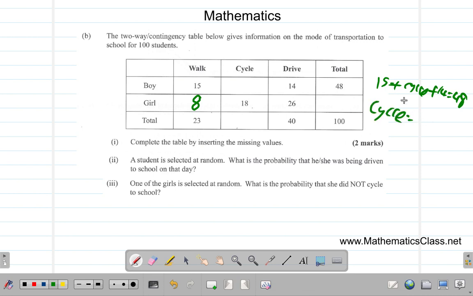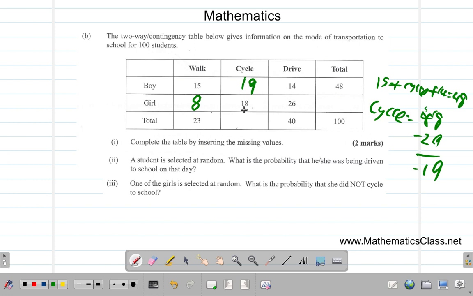How much for cycle? 15 and 14 are 29, 48 minus 29. That is 19. So 19 must come here. So that 15 and 14 give you 29 and 19 give you 48.